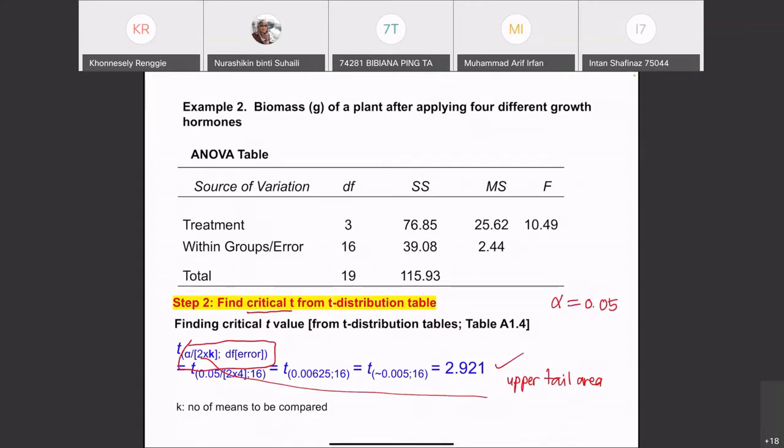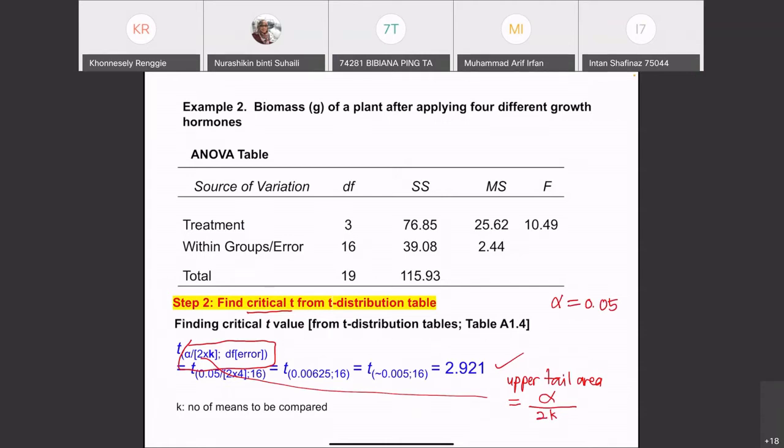You don't refer that alpha value directly to the t table when you find the t critical. You have to solve this term first. So the upper tail area will be alpha divided by 2 times k, or 2k. This will be the upper tail area that you are going to refer to in the t table.